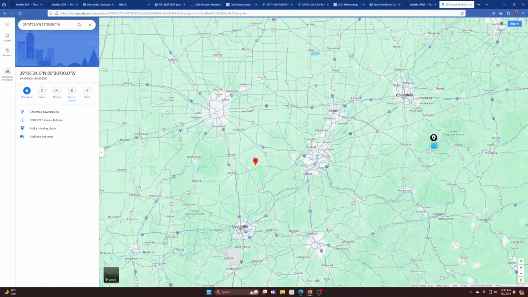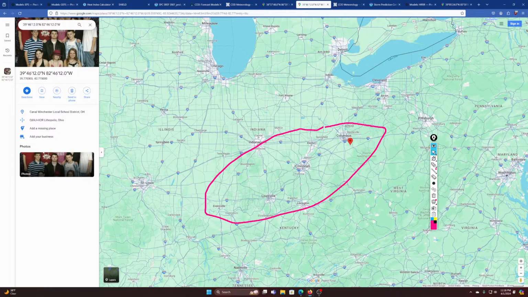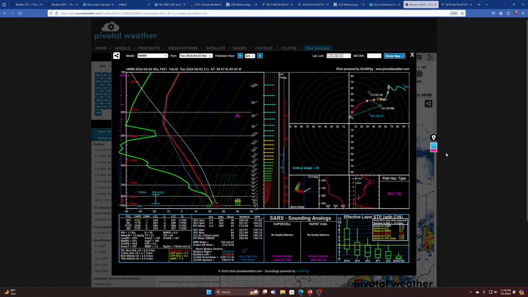It's north of Louisville, Kentucky, basically in a similar area to where I put this. Here, so it's like here. So it's right in the red area I circled before. And look at this sounding. You have a 67 dew points. You have 70. They're close.